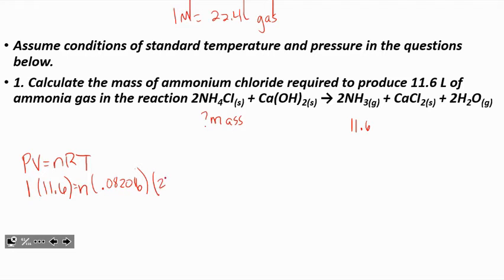And our temperature is 273 because it said standard temperature. All right, so when we do that, we can solve for n here, and n ends up being 0.518 moles. And that is going to be our NH3.